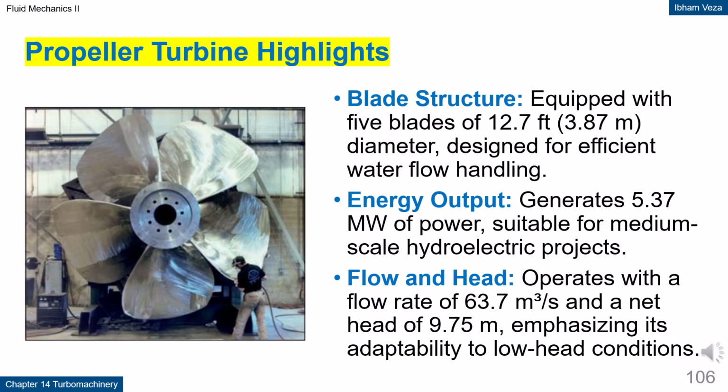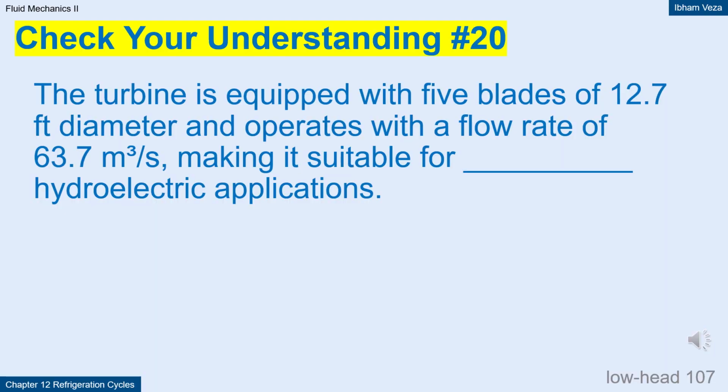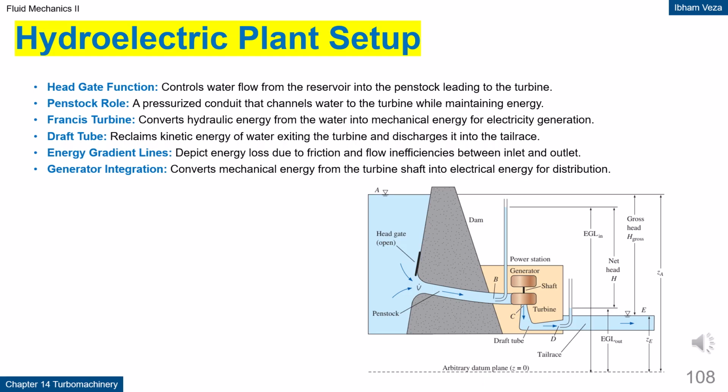This example shows that not all power plants require high head to produce useful power. The choice of turbine type must always match the hydraulic site conditions. The turbine is equipped with 5 blades of 12.7 feet diameter and operates with a flow rate of 63.7 meters cubed per second, making it suitable for low-head hydroelectric applications.